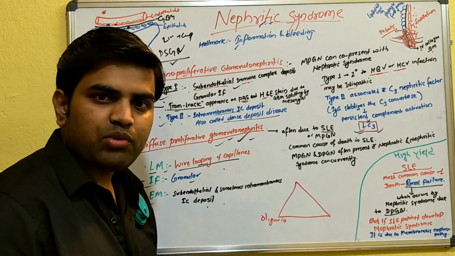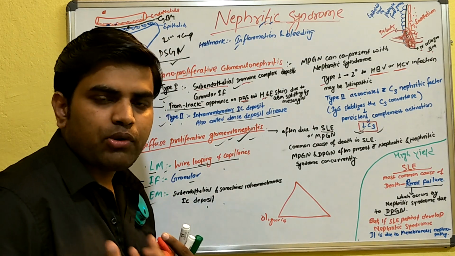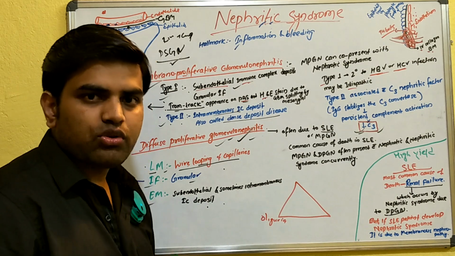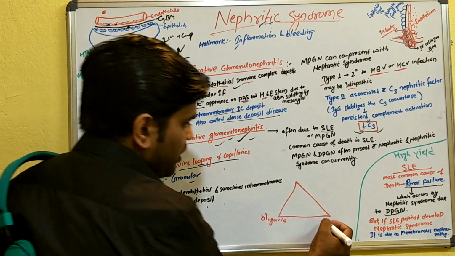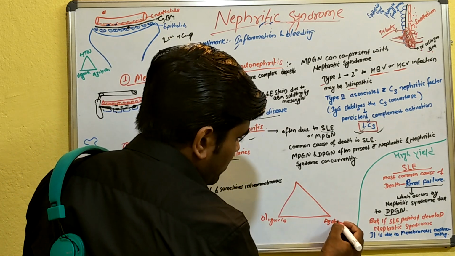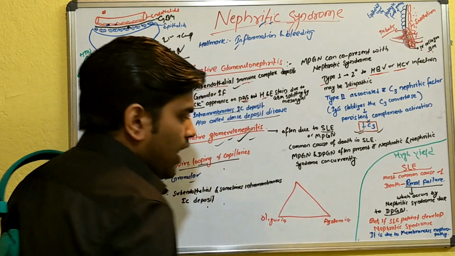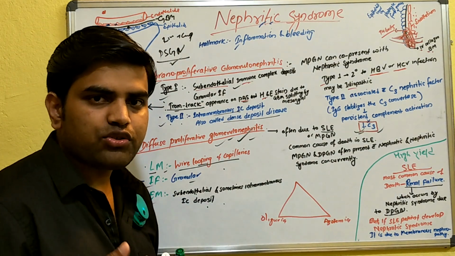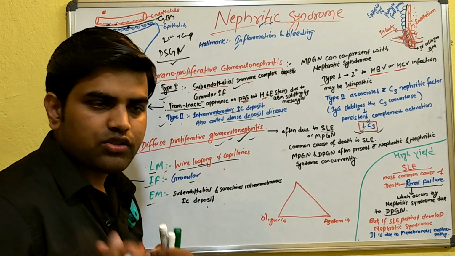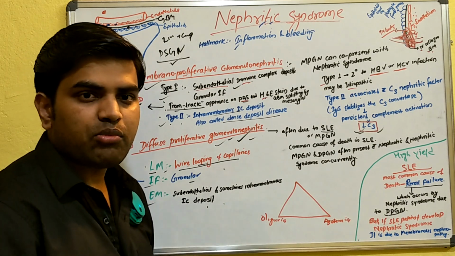Since urine formation is decreased, the nitrogenous waste products from your body will not be taken out. So there will be an increase in nitrogenous waste products in the body, and it will lead to azotemia. Okay, and since there is oliguria, GFR is decreased. Now the renin-angiotensin-aldosterone mechanism will be activated because there is less sodium delivery to the distal convoluted tubule.